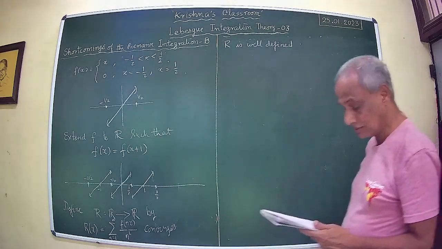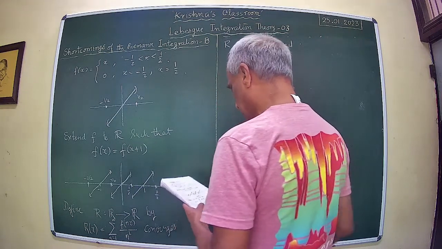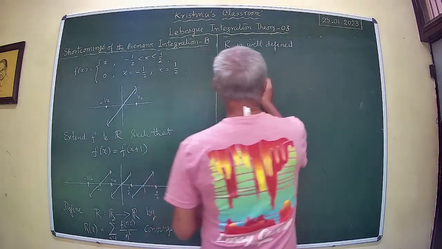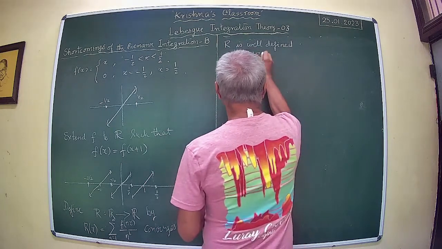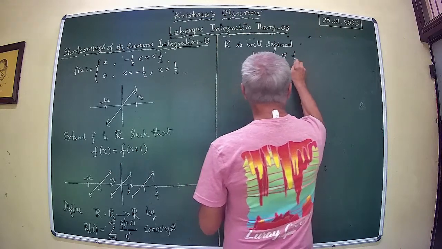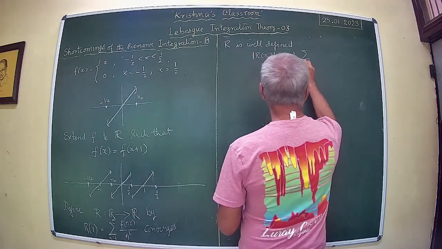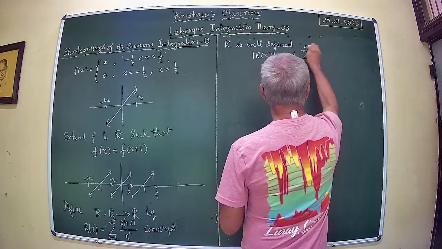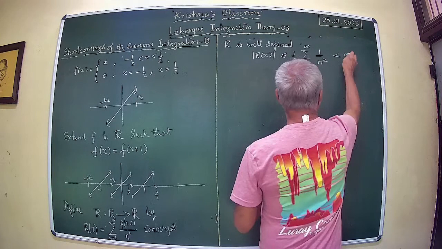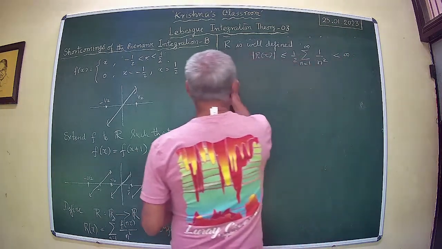So this is what makes the function discontinuous at several points. And in fact you have this property, and R is a bounded function.